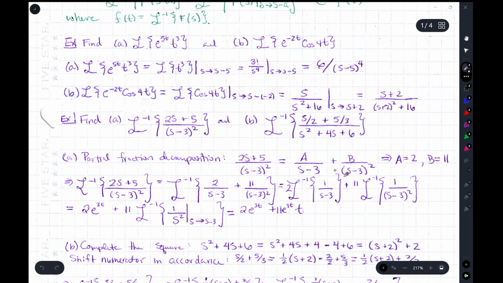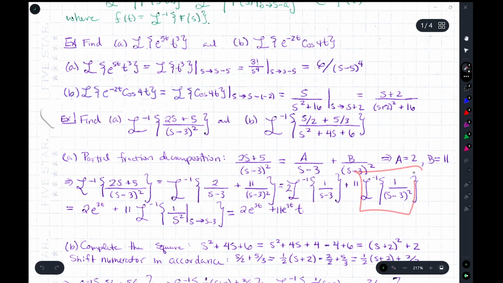We then set this equal to this expression here, and we solve for A and B. I have videos on partial fraction decomposition in the Calc 2 series. You're welcome to watch that to understand more in depth how this is done. And so we have that the inverse Laplace transform of this is equal to this expression there. And by linearity, we have that. And this is a basic inverse Laplace transform. We know that. It's just e to the 3t.